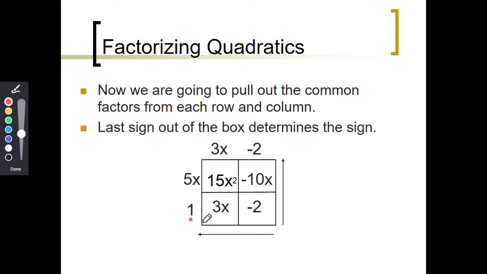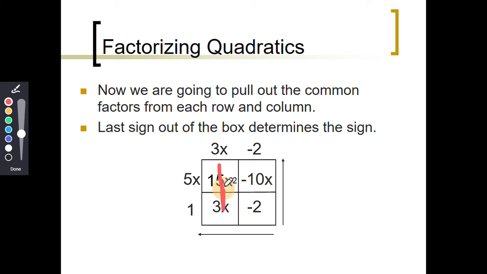And the reason the GCF is 1 is the GCF of 3 and negative 2 is 1. The largest number you can find that can divide into 3 and negative 2 is 1. Alright, let's go up here.